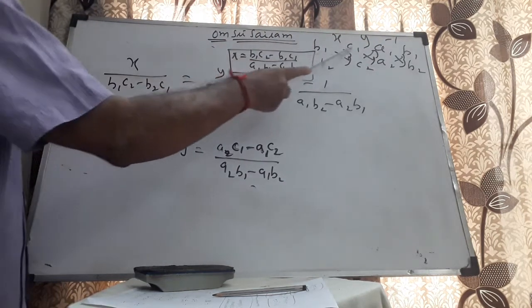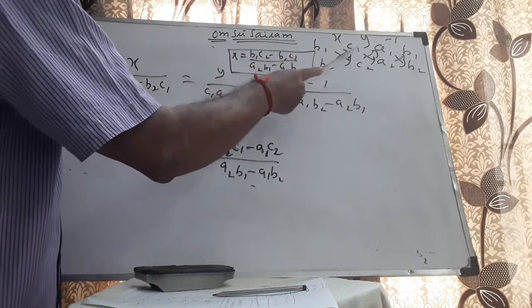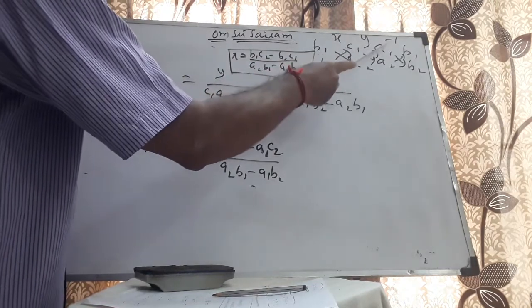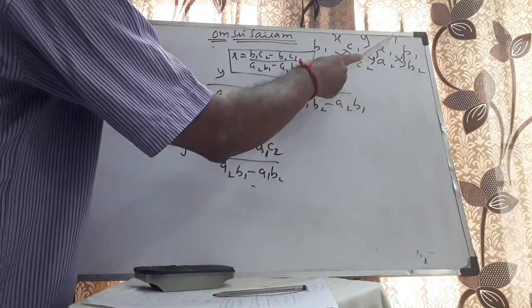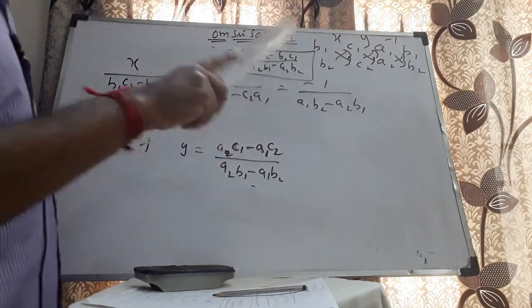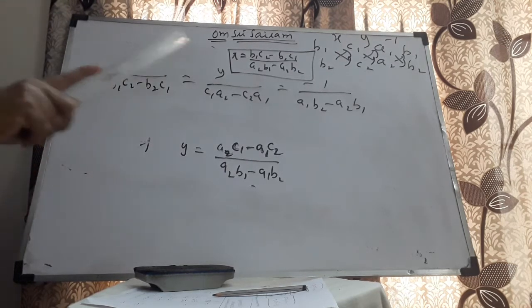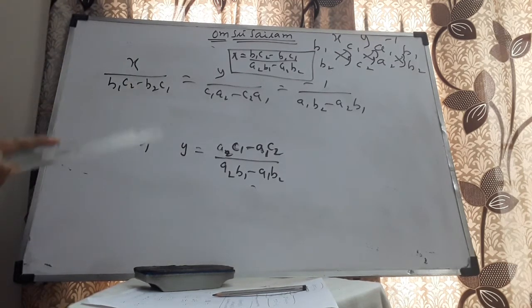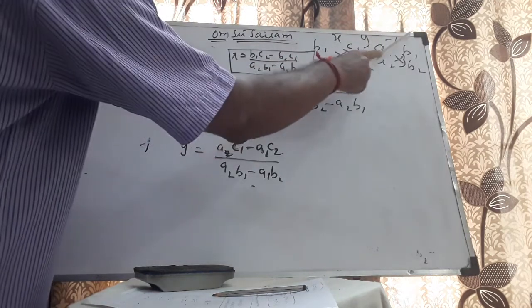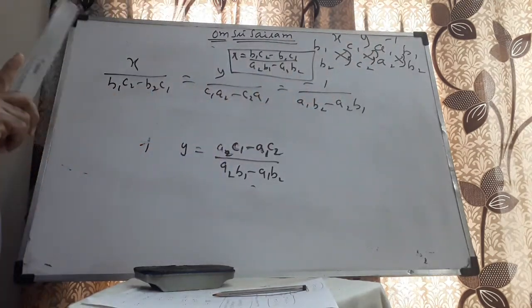I repeat. Between the first two elements I'll write x, between the second and third elements I'll write y, between the third and fourth elements I'll write minus 1, provided constants c1, c2 are on the right hand side. If the constants c1, c2 are on the LHS, if we take it as a1x plus b1y plus c1 equal to 0, a2x plus b2y plus c2 is equal to 0, I'll put plus 1 here so that the answer won't vary.